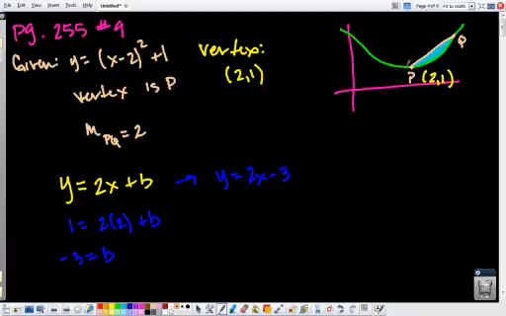So now we need to figure out where our parabola intersects our line. I'm going to do substitution here, using this equation and this equation. Everywhere I see y, I'm going to put in 2x minus 3.